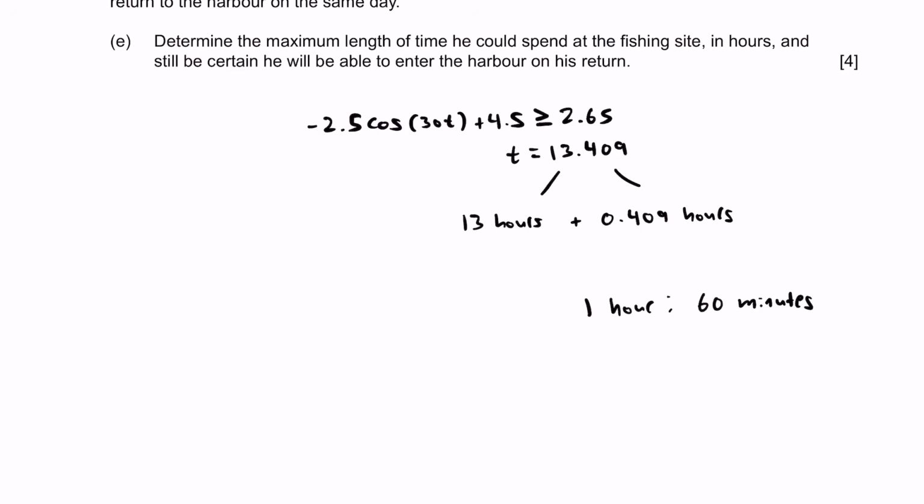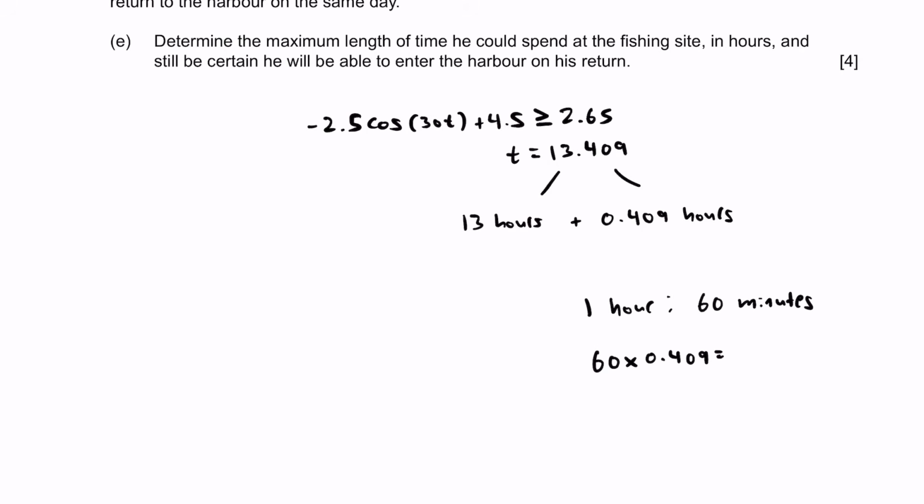In this case, we don't have a complete hour. We've just got a fractional amount of an hour, roughly 41% of an hour. So let's take 60 minutes and multiply it by 0.409, and that will tell us the fraction of an hour that we have, but in minutes.